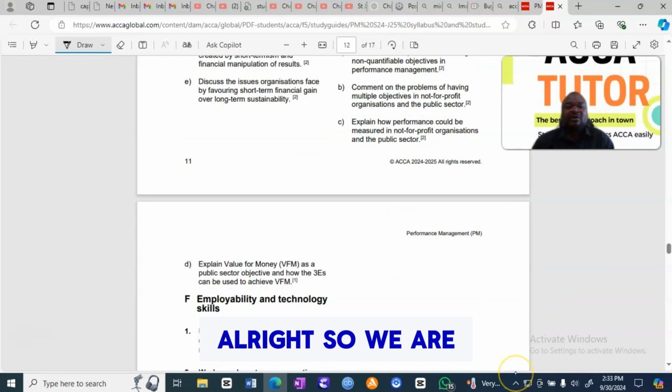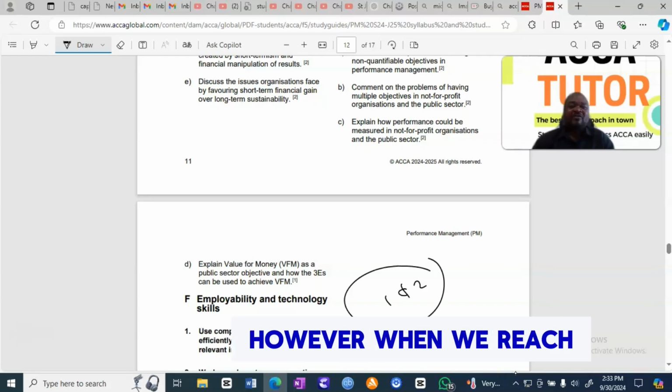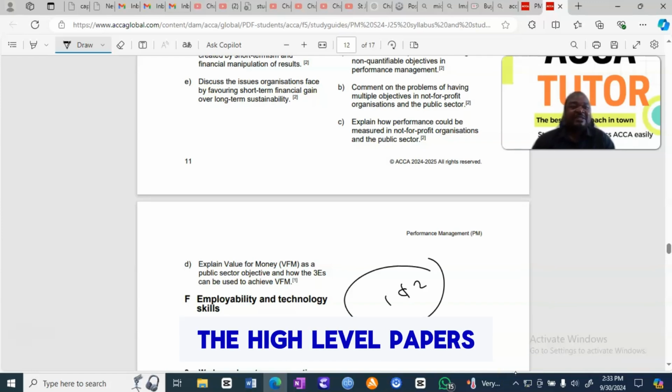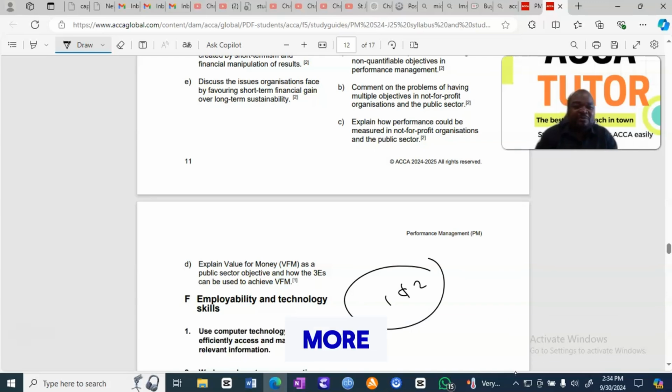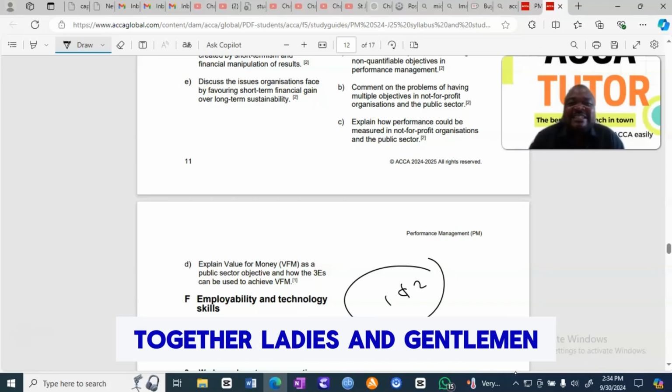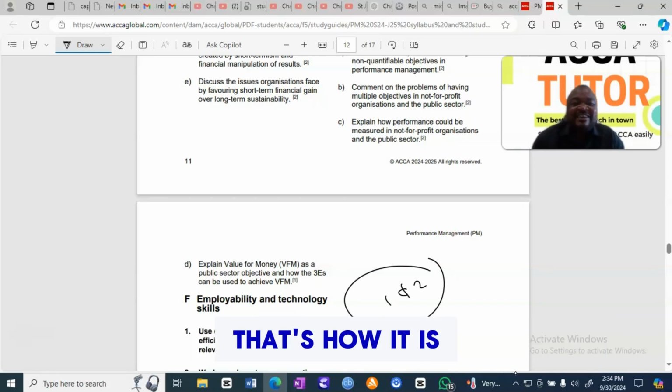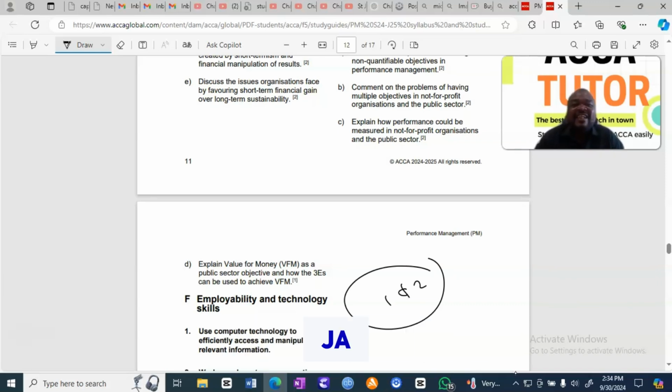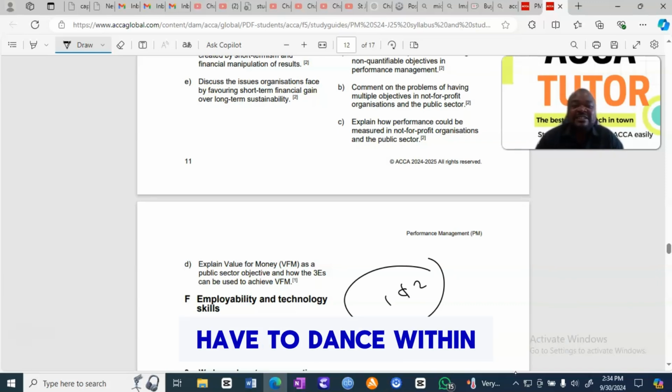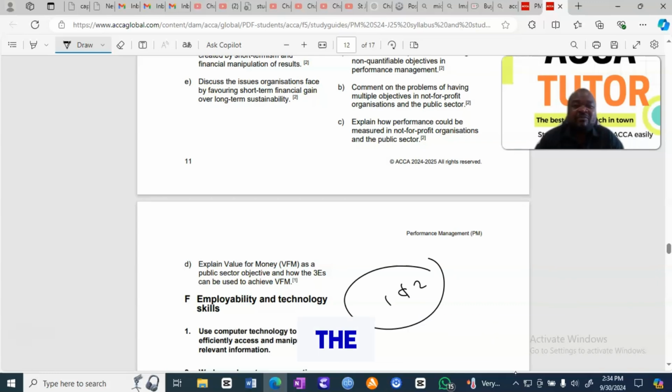So we are going to play within level 1 and 2. However, when we reach the higher level papers, we'll be expected to do more. Are we together, ladies and gentlemen? Yes, that's how it is. They say it is what it is. So we just have to dance within level 1 and 2.